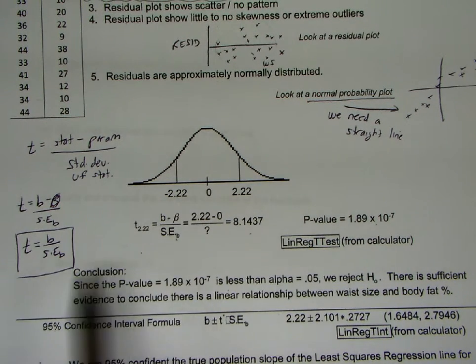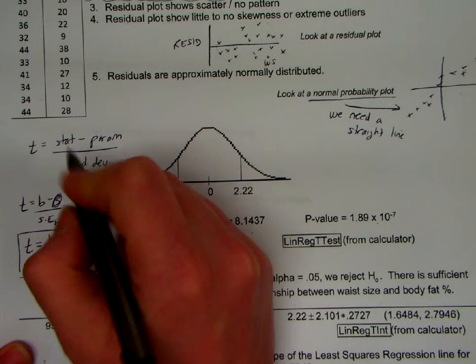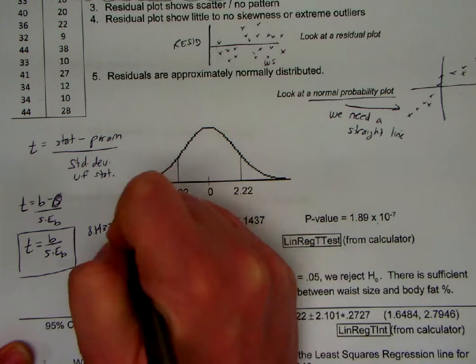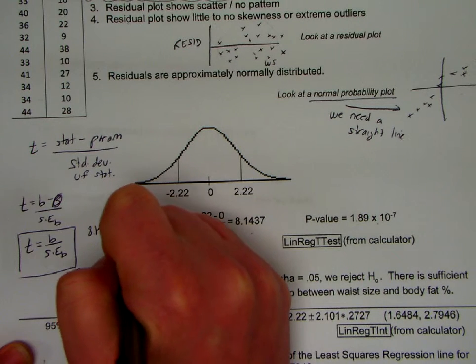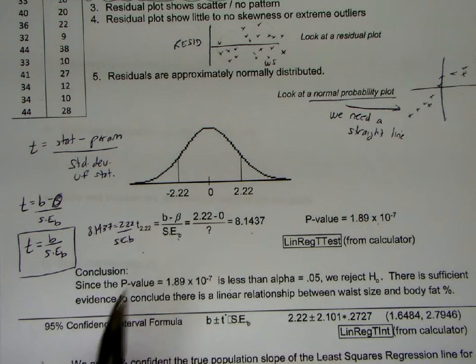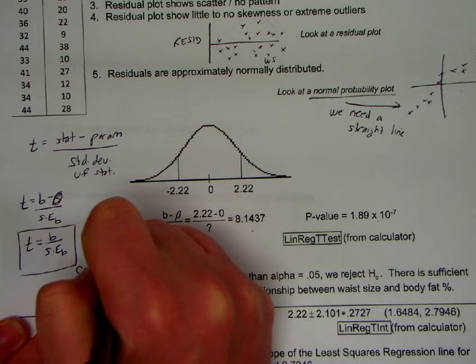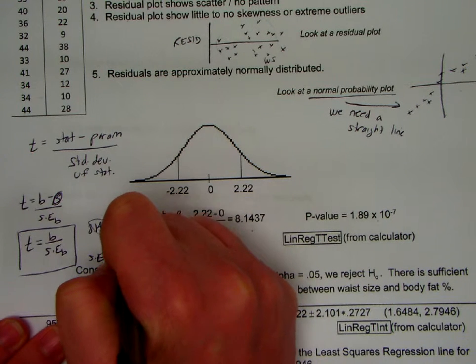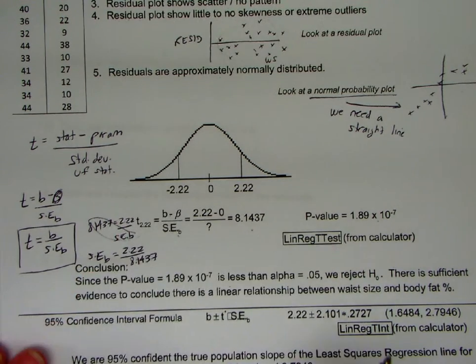So if I give you the t value, 8.1437, and I know what b is, then what I can do is solve and say that the standard error of the slope is equal to, these just switch places, 2.22 divided by 8.1437.